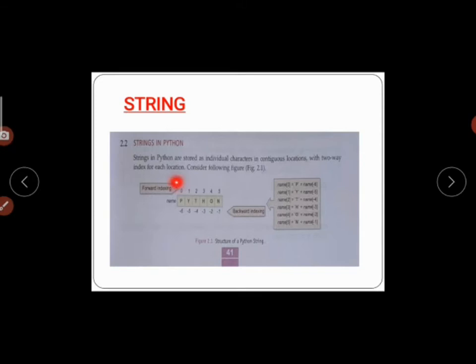Indexing is 0, 1, 2, 3, 4, 5. This is the forward indexing, and the backward indexing always goes -1, -2, -3, -4, -5 and -6. This is the way they are stored. The value is Python.